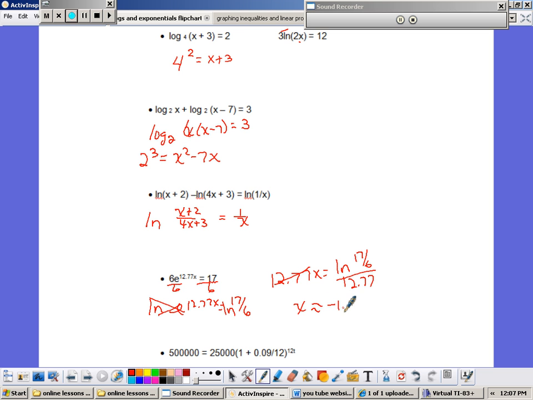X is approximately negative 1.51. Okay, that's not correct. I put too many parentheses in. Seems strange. X is approximately 0.08.